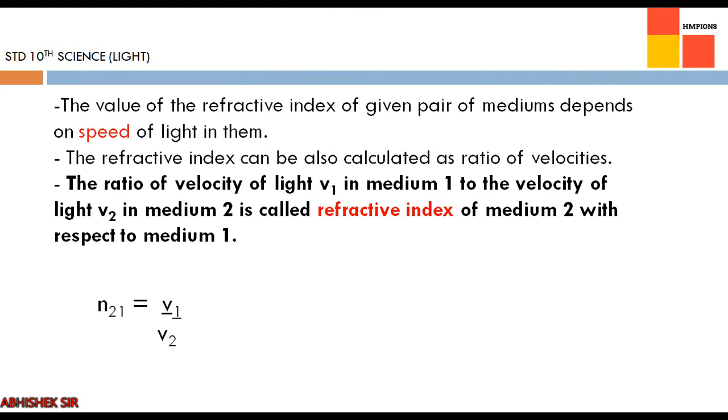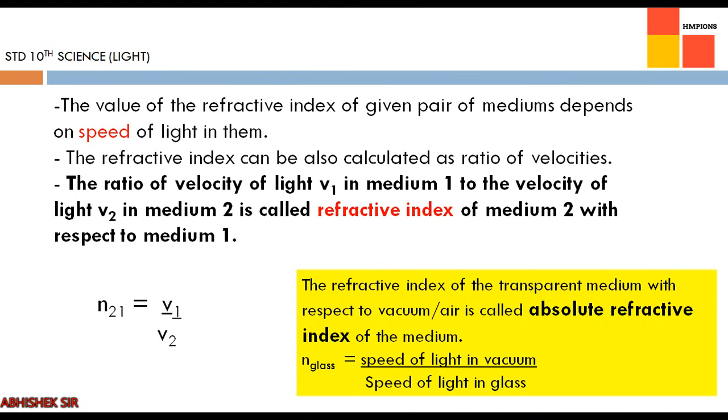Now if we replace any one medium with vacuum, that becomes absolute refractive index. So the refractive index of any transparent medium with respect to vacuum or even air is called absolute refractive index. For example, you can see in the figure eta of glass.